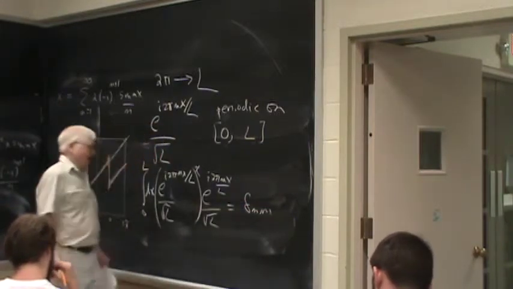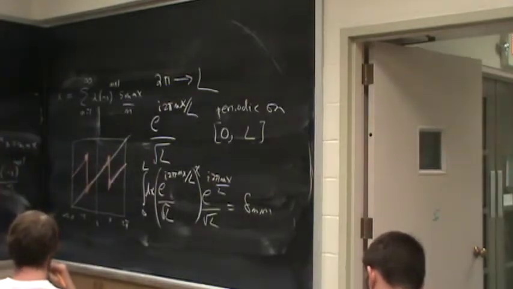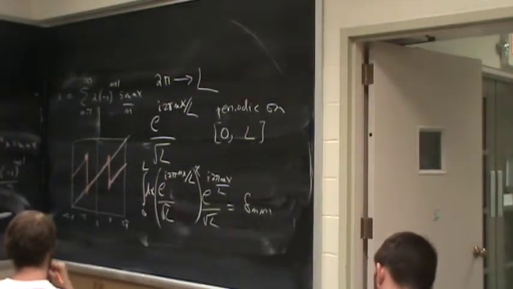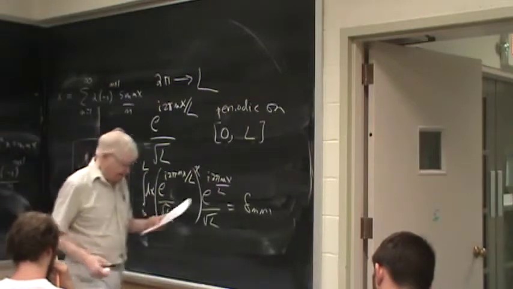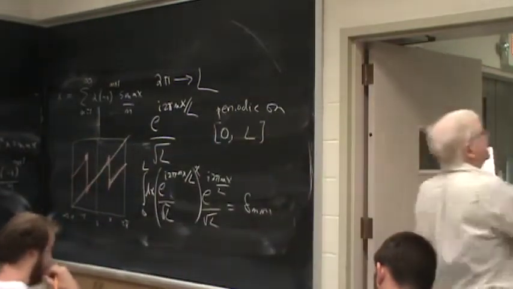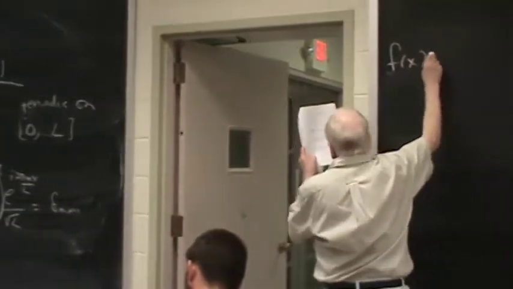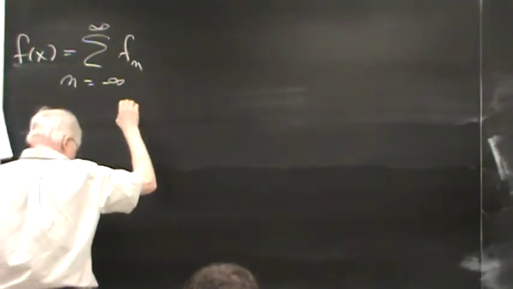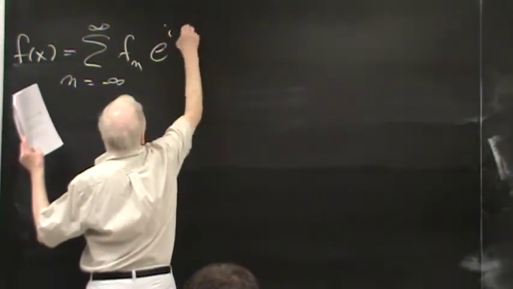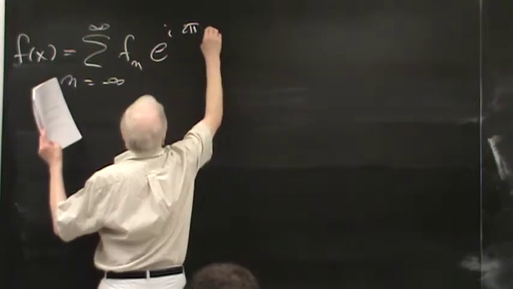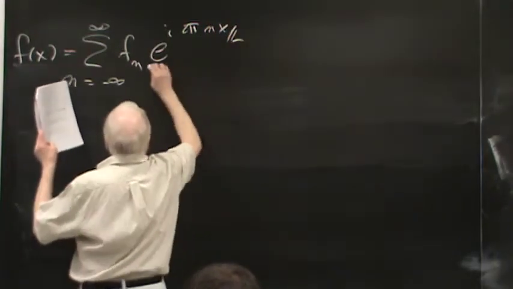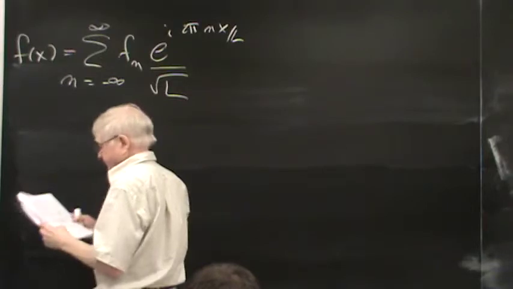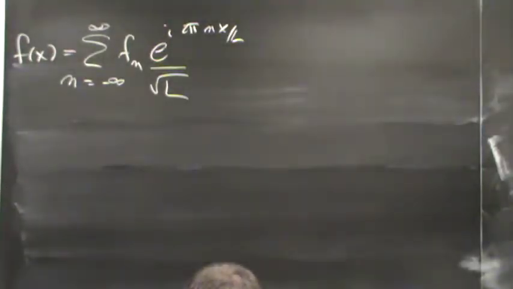So clearly that's the right orthonormality integral, and that means that we can write the function f of x as a sum, n equals minus infinity to plus infinity, of f sub n e to the i 2 pi n x over L divided by square root of L.